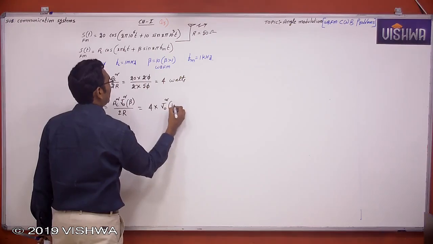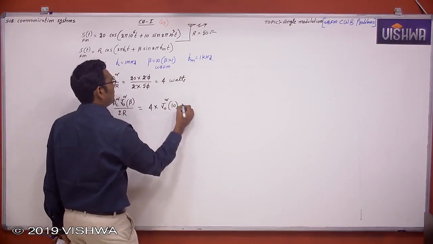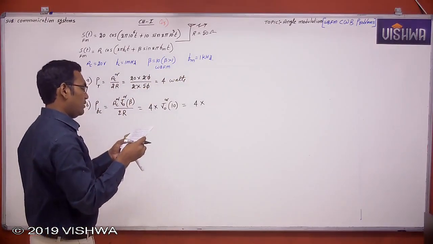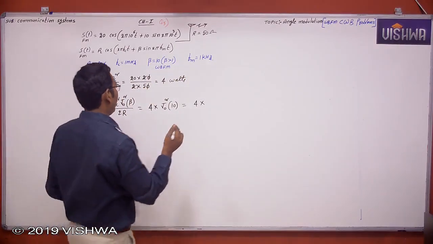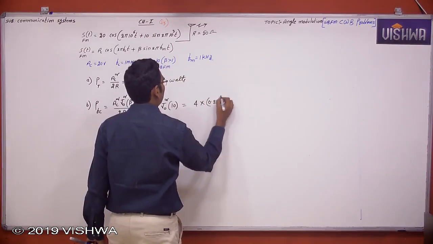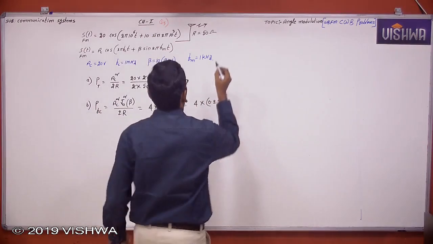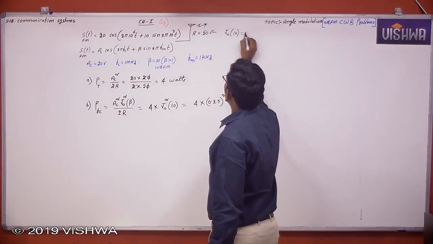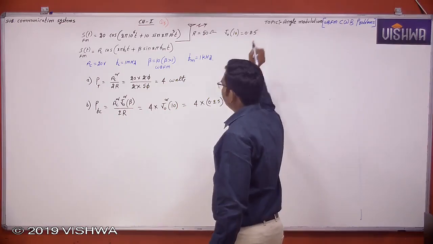What is β? β is equal to 10. The question already mentions J naught of 10 is 0.25, so the power is 4 into 0.25 whole squared.